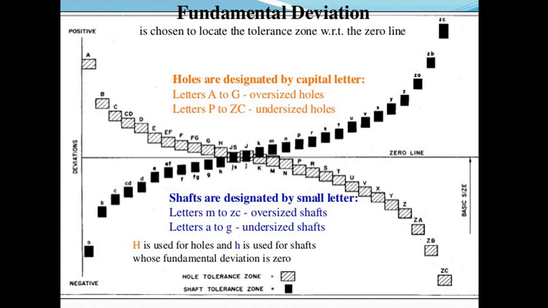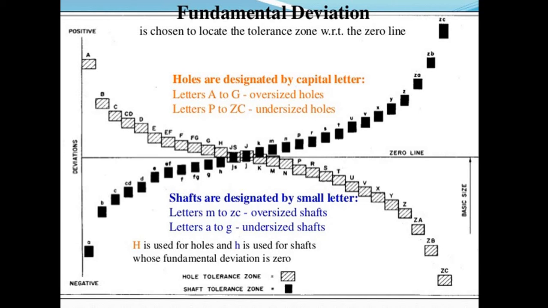That's why they are called undersized holes. From P to ZC, the size of the hole is lesser than the basic size. If you count the holes from A to ZC, these are 28 types of holes.